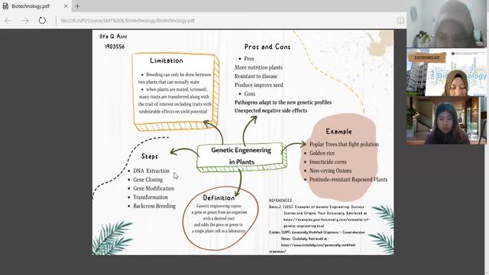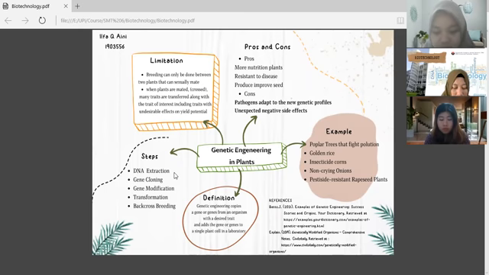For the next step, it's transformation. In this step, the genes will be delivered into the tissue culture cells. You can use several methods, such as agrobacterium, microfibers, and electroporation.